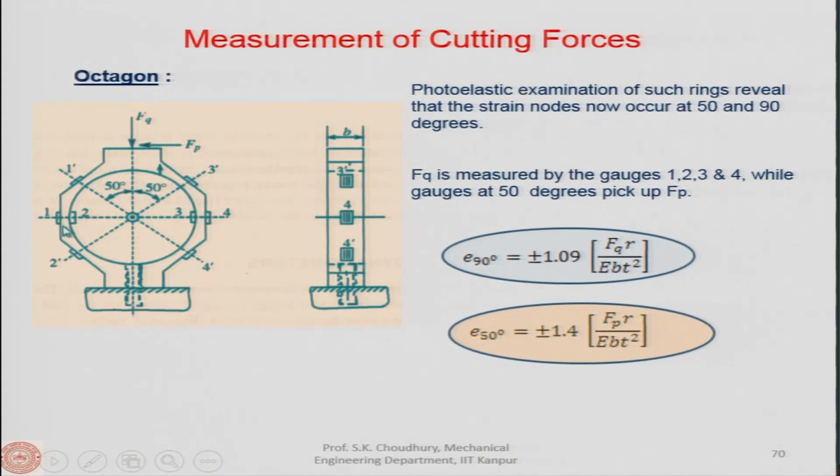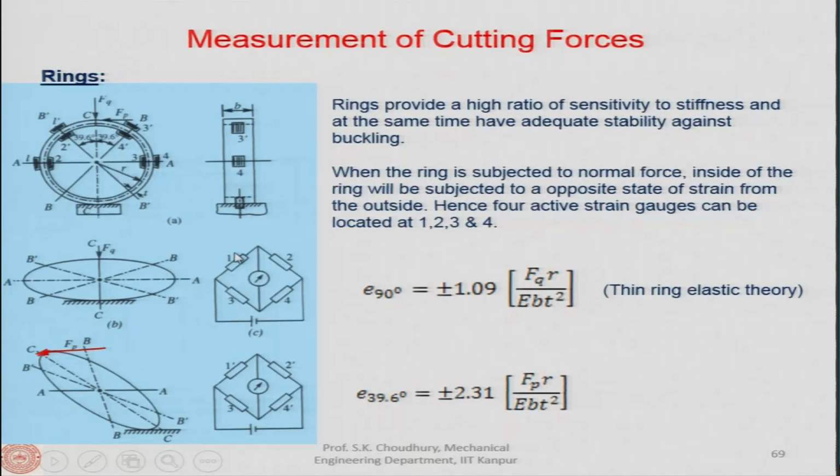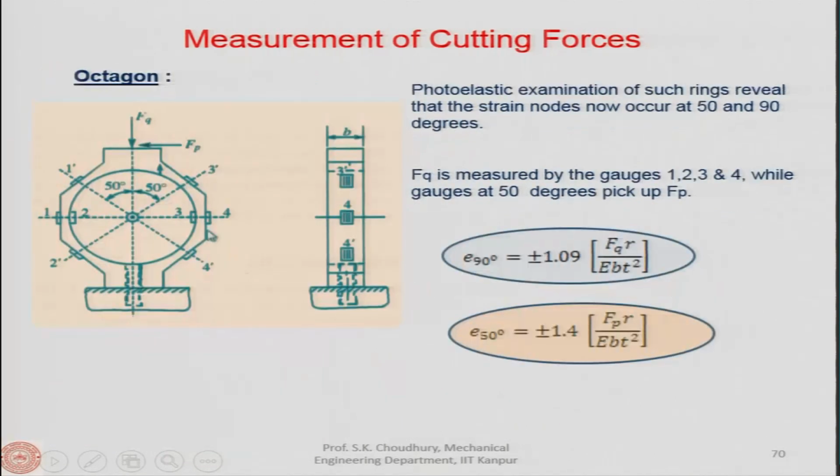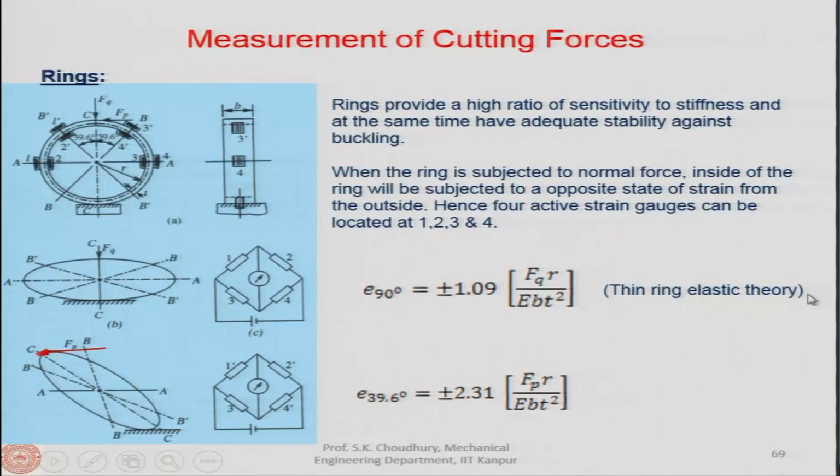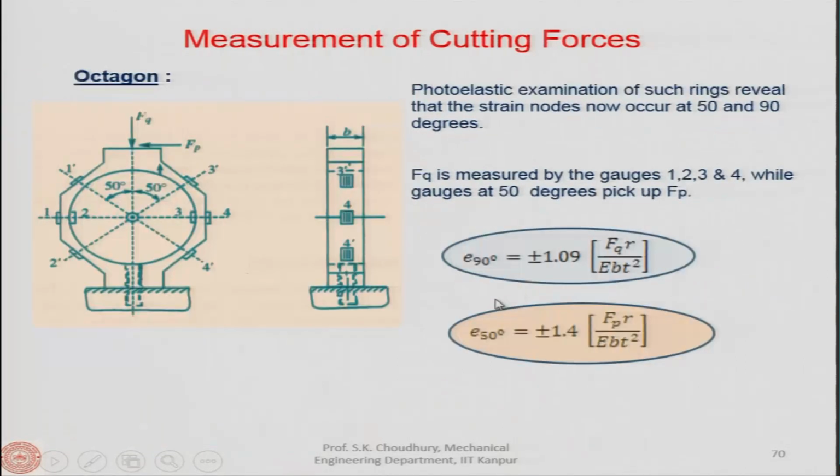Now, if you take two Wheatstone bridges similar to this, one comprising 1, 2, 3 and 4 and another comprising 1 prime, 2 prime, 3 prime and 4 prime, then the Wheatstone bridge of gauges 1, 2, 3, 4 will measure the force FQ, the thrust force. And this formula we have taken again from thin ring elastic theory.